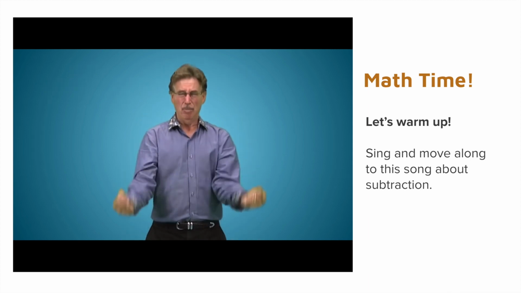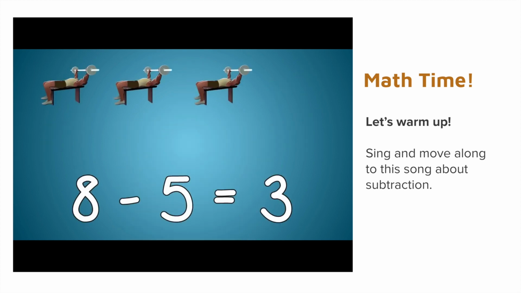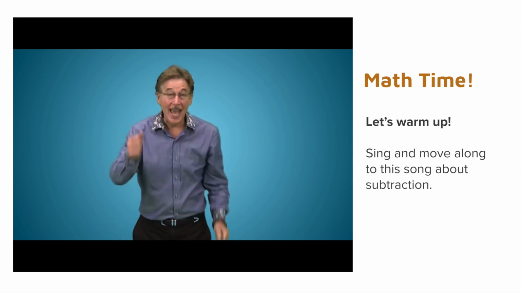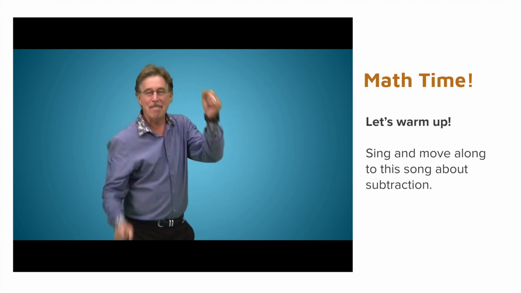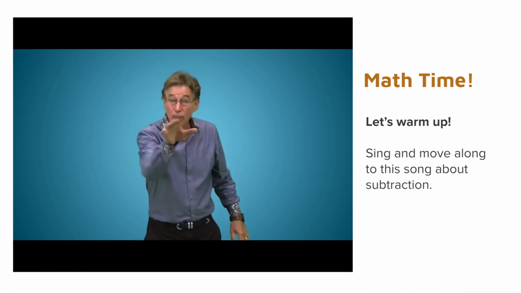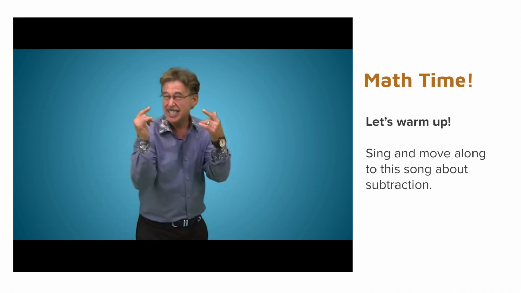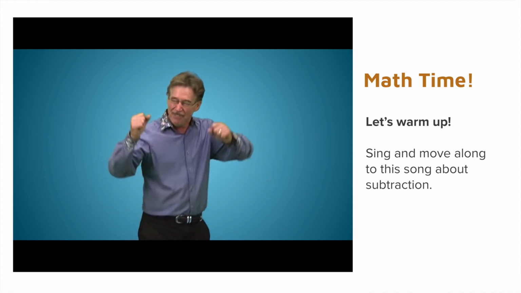How many bodybuilders are still pumping up some weights? 8 minus 5 equals 3. Subtraction, action, this is how you play. Move your body and take away. When you subtract things, you get the difference. Let's do subtraction, move and have fun.